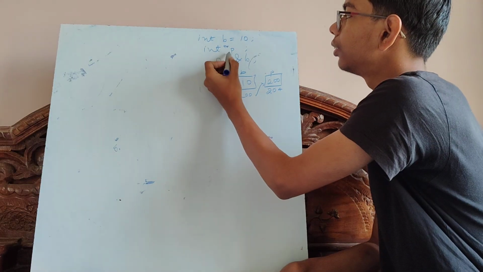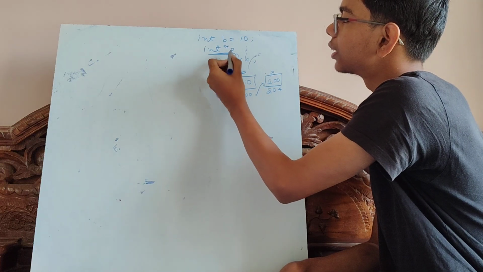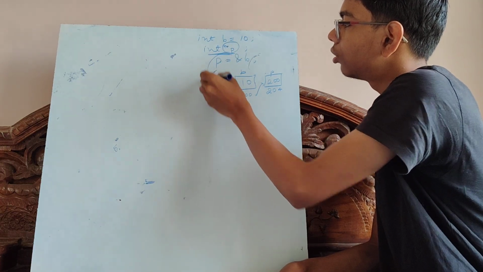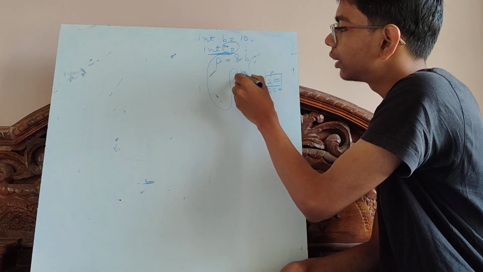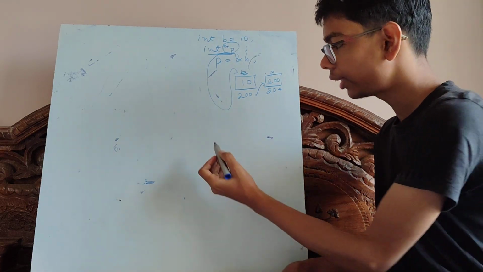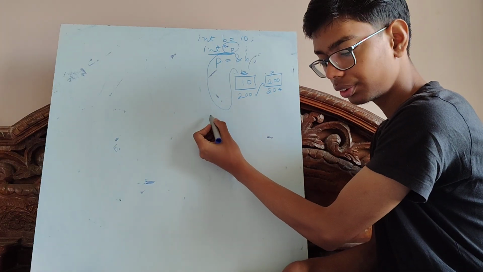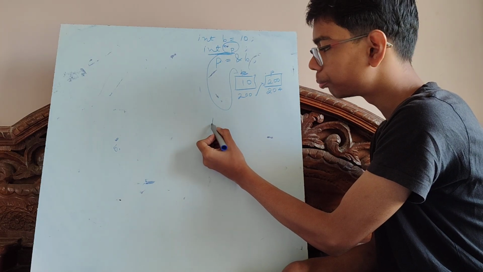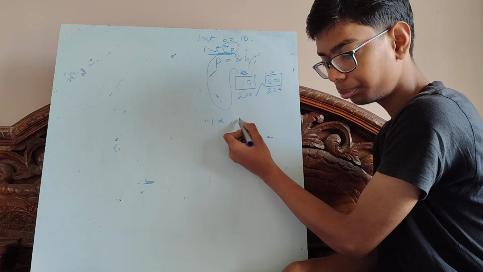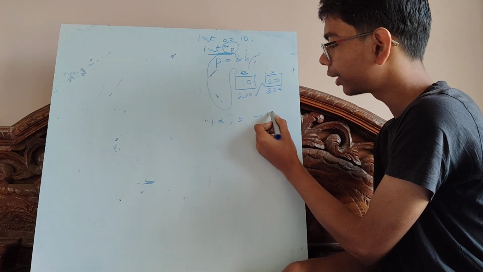And int star p means that this is a pointer which stores the address of a variable of data type integer, right? Now suppose I write printf percentage d, b, so it will return me 10.